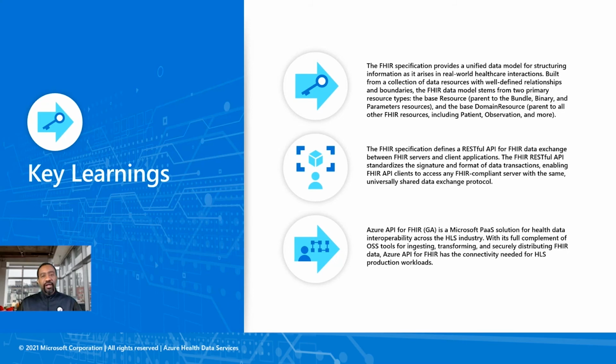Azure API for FHIR is our GA service. We also talked about healthcare APIs, which is our soon-to-be GA service, which brings in not only the FHIR services, but allows you to extend that with DICOM and medical device integrations and other healthcare services over time. I'm going to pause now when I actually see a hand raised.